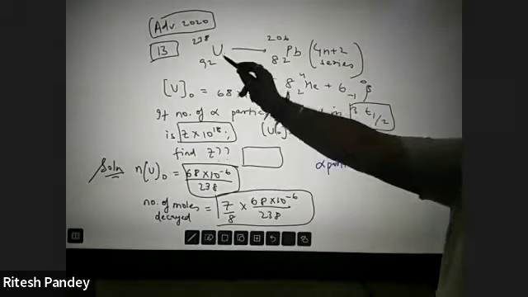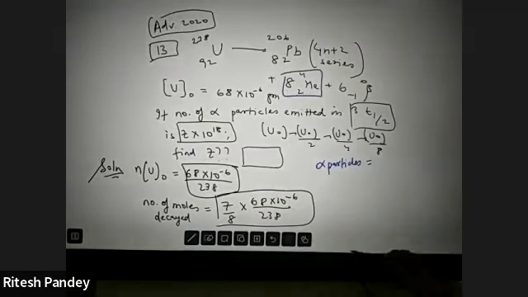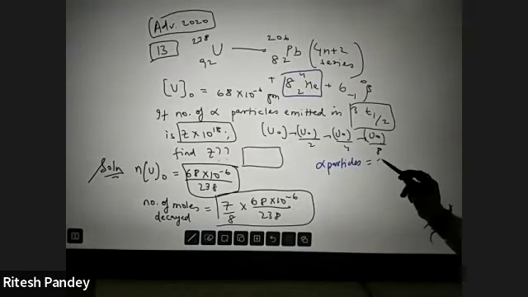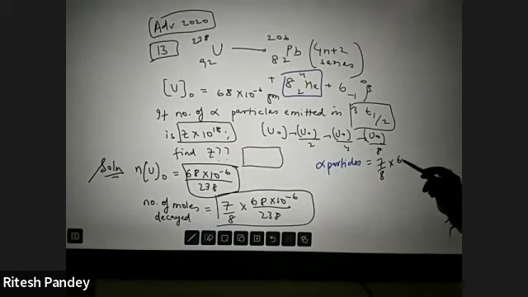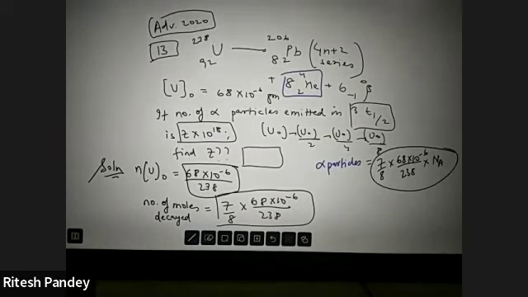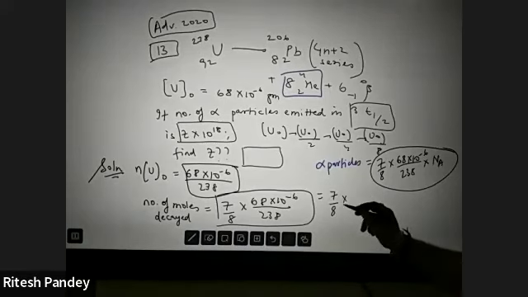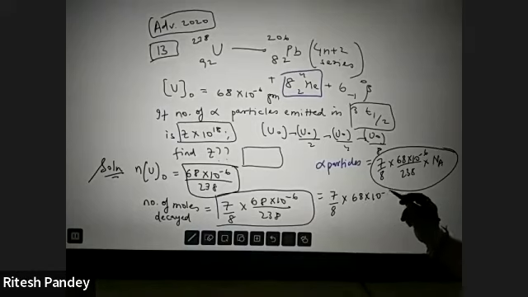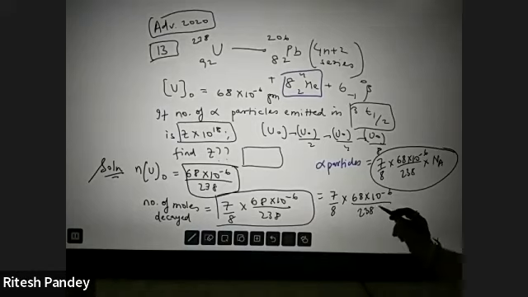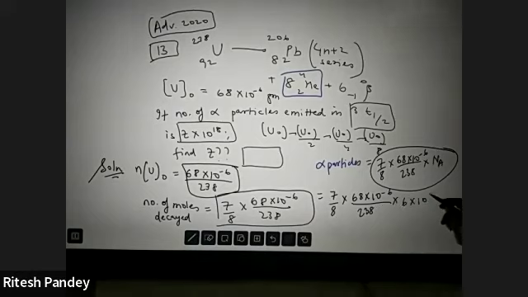With 1 mole, if you have 8 moles of alpha particles coming out, the number of alpha particles would be 7 by 8 into 68 into 10 to the power minus 6 upon 238 into the Avogadro number. Yes or no? Yes, sir. Which I believe will be 7 by 8 into 68 into 10 to the power minus 6 upon 238 into 6 into 10 to the power 23.